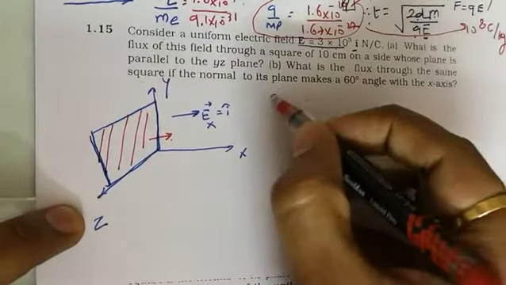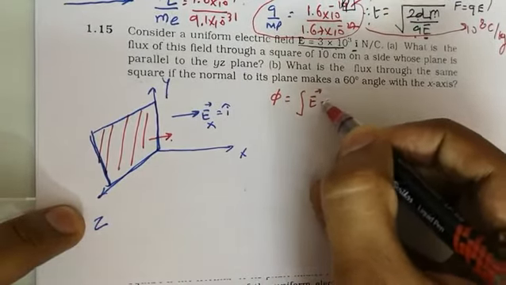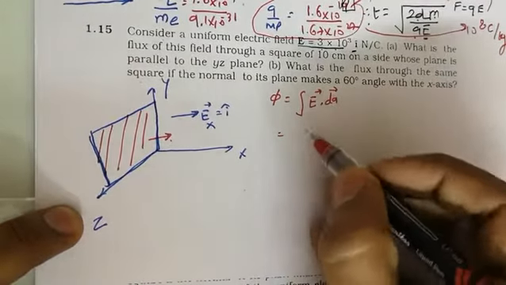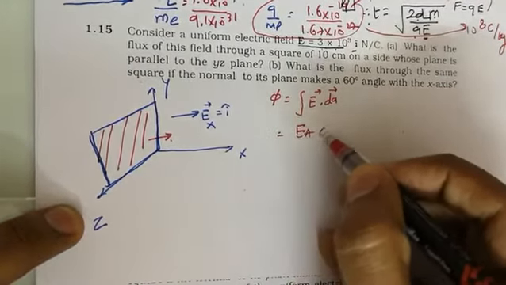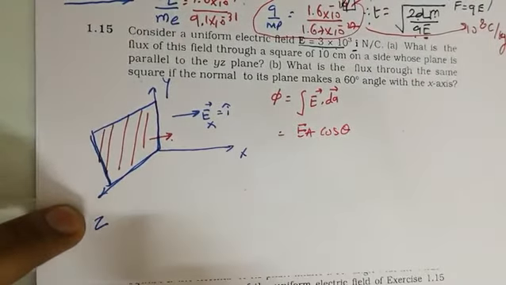So we can say that flux phi, for an indefinite area, would be an integration, but for the definite area I'm just opening this bracket, that is EA cos theta.